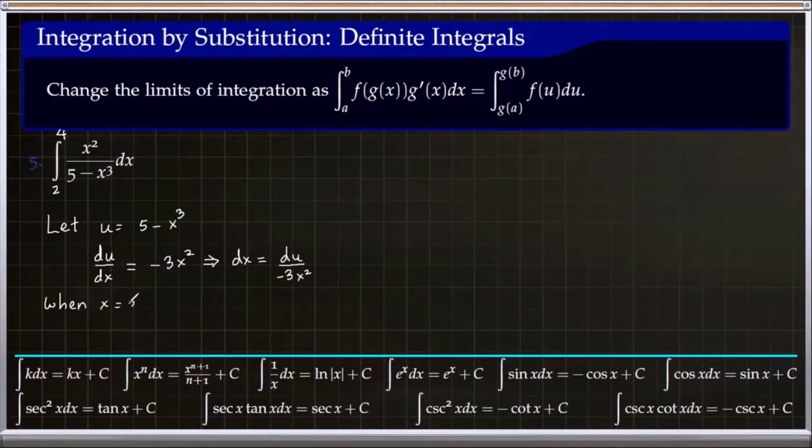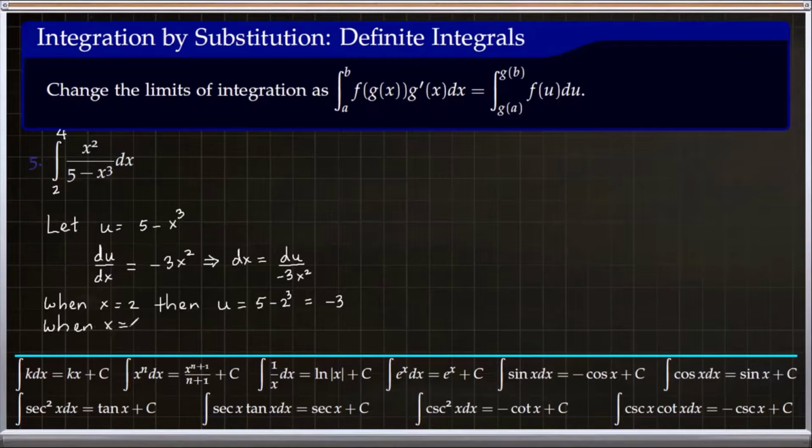So when x is 2, I can say then u equals 5 minus 2 cubed, which is 5 minus 8. So negative 3 is the lower limit.